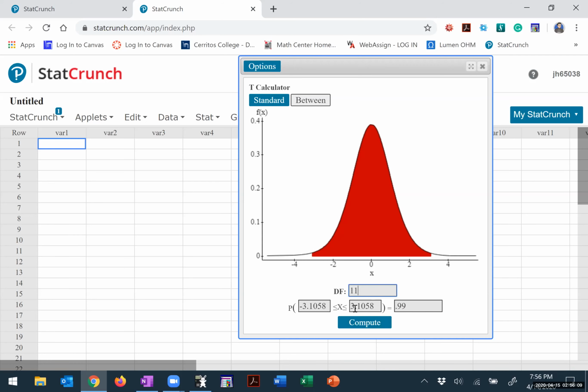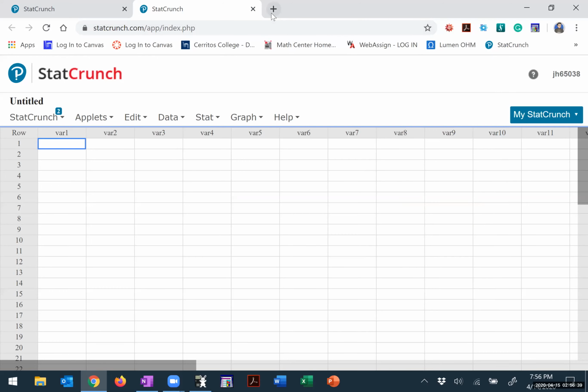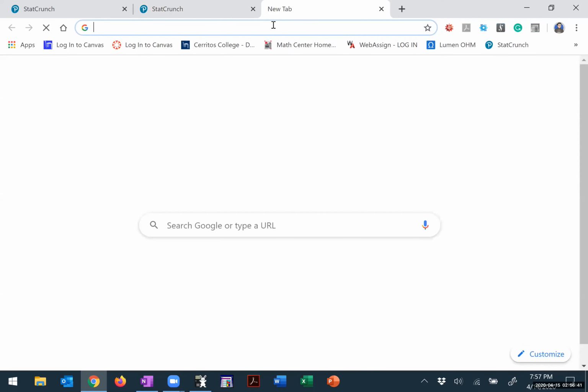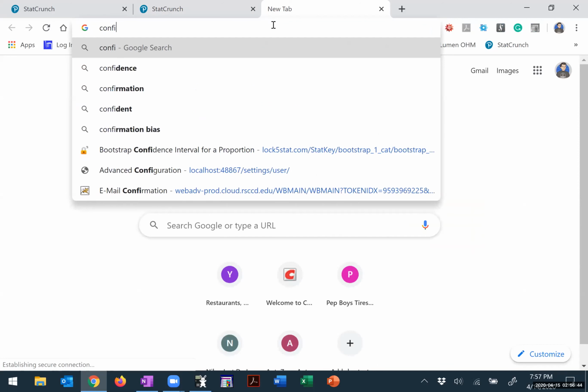Because what you're going to have to do is multiply by your standard error, and then you'd have to add. So you would have to actually do a lot of work backwards on this one. Yeah, I don't know why they don't have it. They should. Let me Google it real quick. I could have sworn they had a confidence interval.